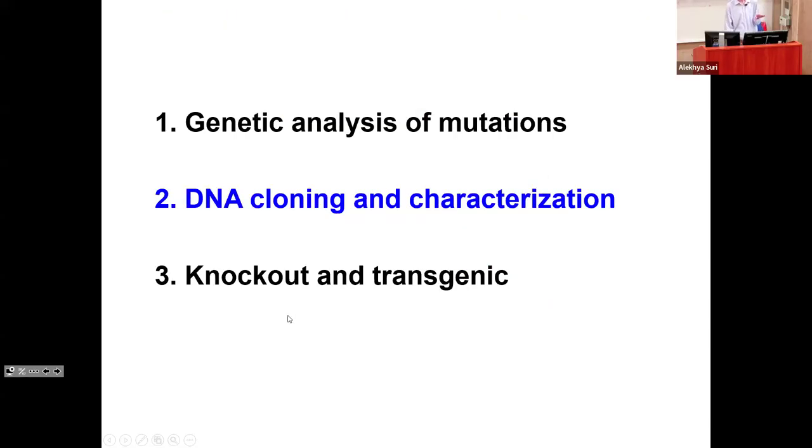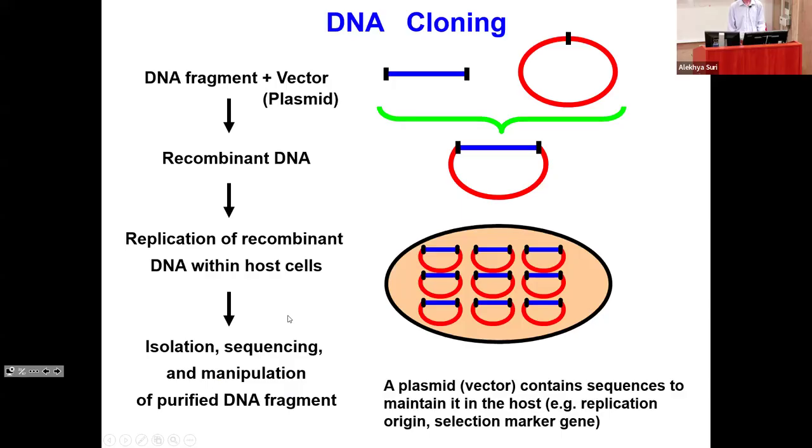Next part would be DNA cloning and how to characterize mutations. Cloning means that you want to amplify a certain DNA fragment. This could be a gene or some piece of DNA, and you have to amplify this piece of DNA.